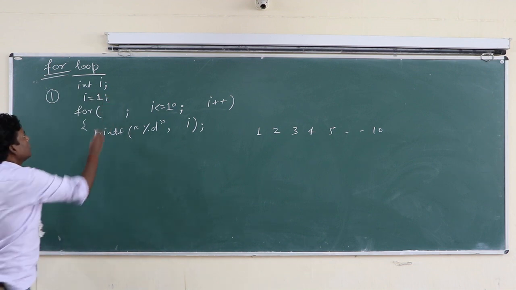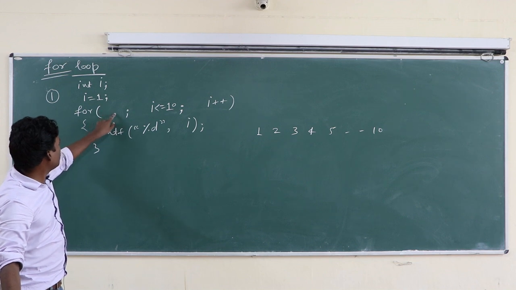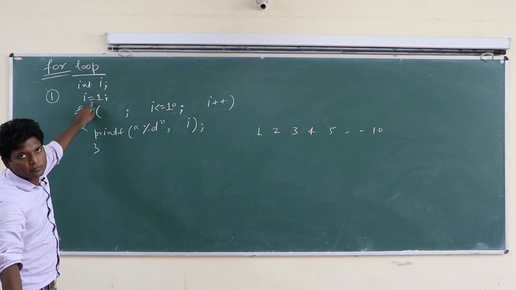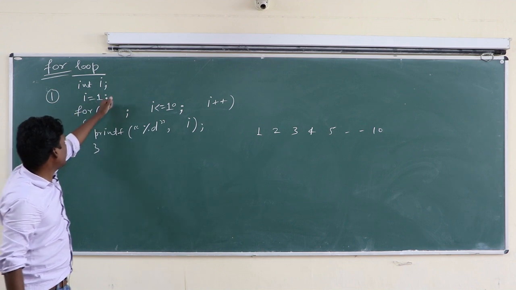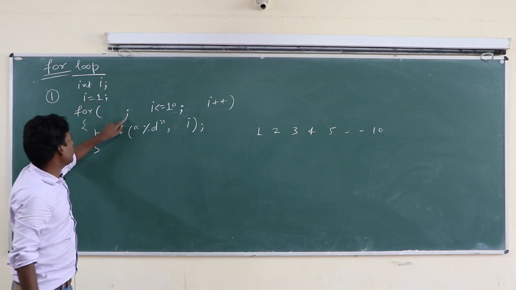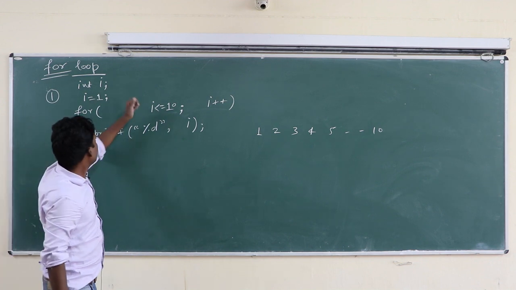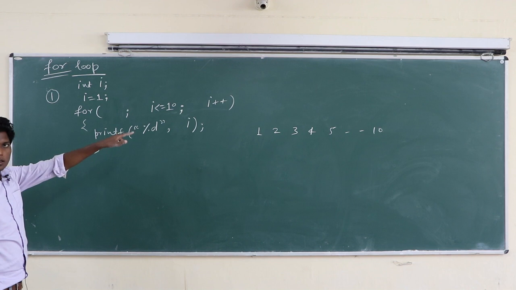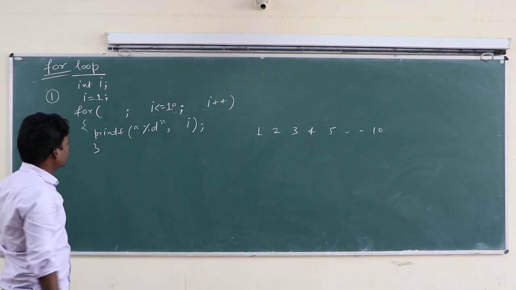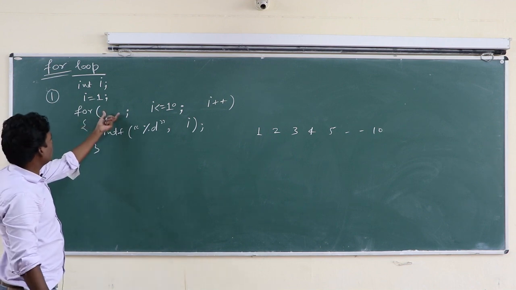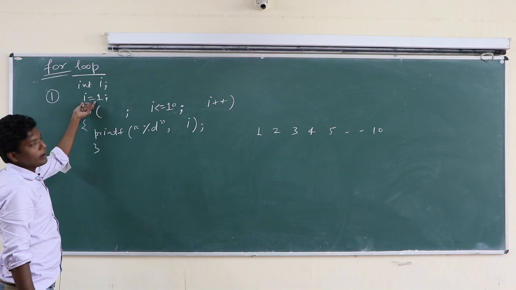We remove I equal to 1 from the loop and write it above, but its semicolon will stay here. This is also fine, and the result will be 1, 2, 3, 4, 5, 6, 7, 8, 9, 10. So you can remove I equal to 1 and write it above the for loop, not below.